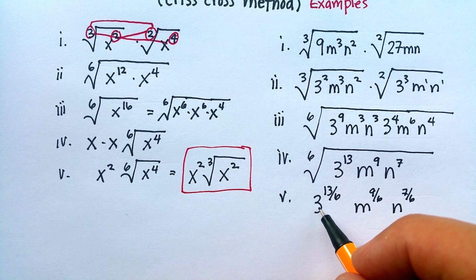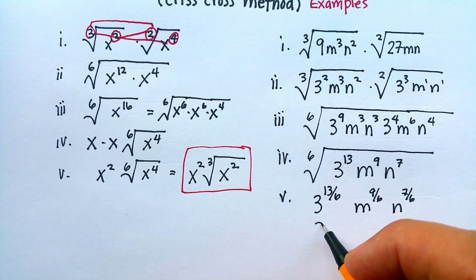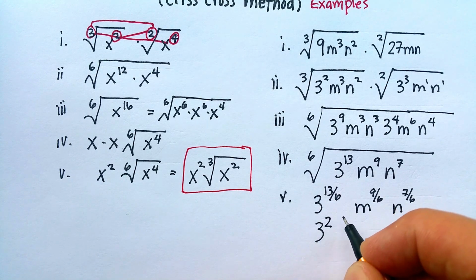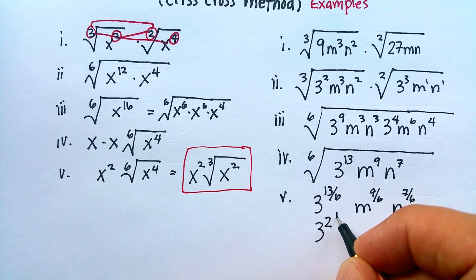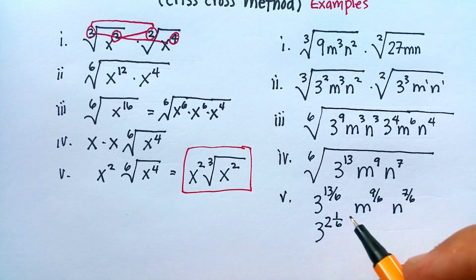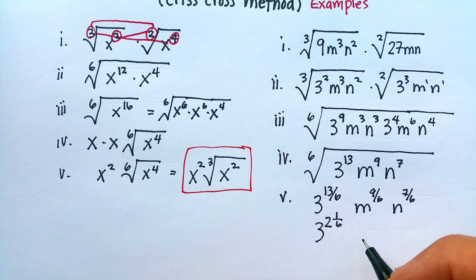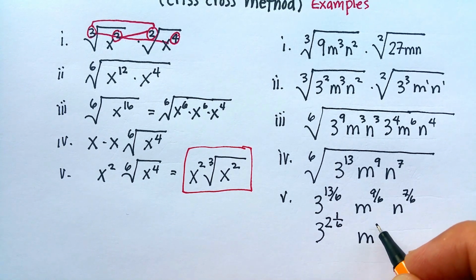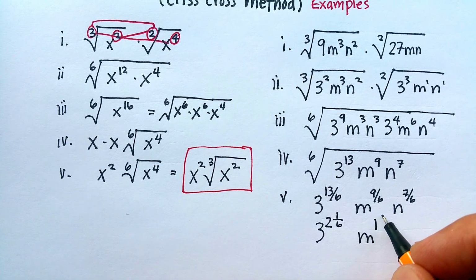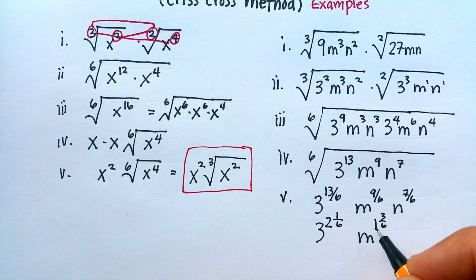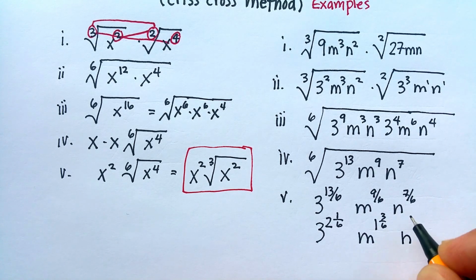So I see there's a 3 squared in here, because 13/6 is 2 and 1/6. M is 1 and 3/6, because 9/6 is 1 and 3/6. And the n is just 1 and 1/6.